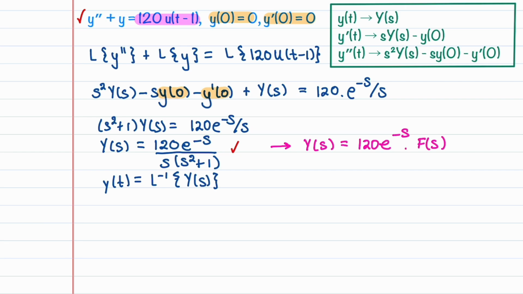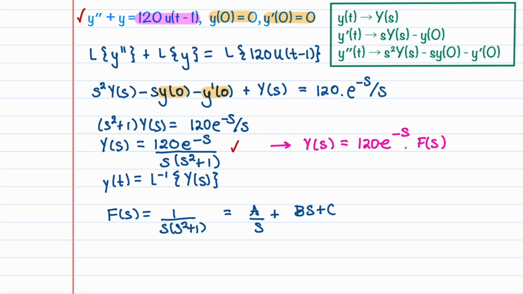Using partial fractions, we're going to write F of s as 1 all divided by s times s squared plus 1. We'll split this up as A divided by s plus Bs plus C. That's because we have a quadratic in the denominator, and our denominator is s squared plus 1.